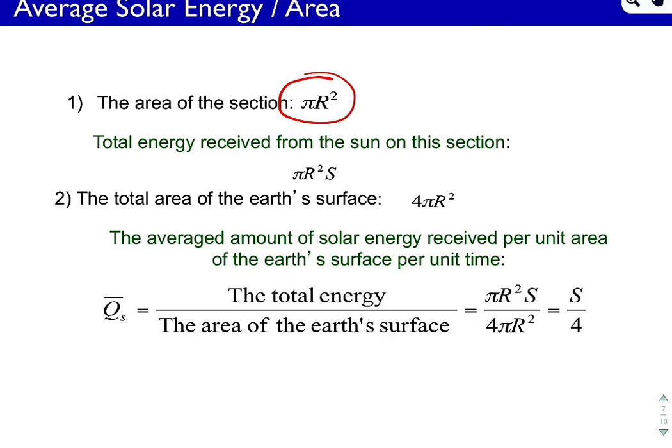So the amount of energy that disk will receive, because it is normal to the sun's rays, is the entire area times watts per meter squared, which gives us watts. This is the amount of energy that disk will receive at all times.